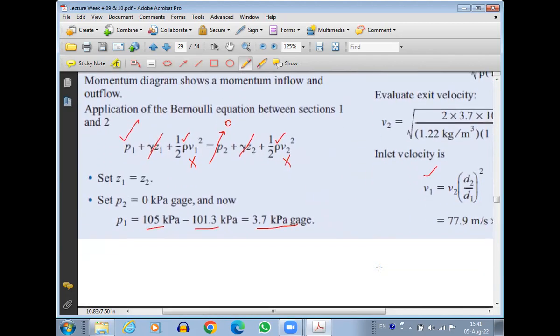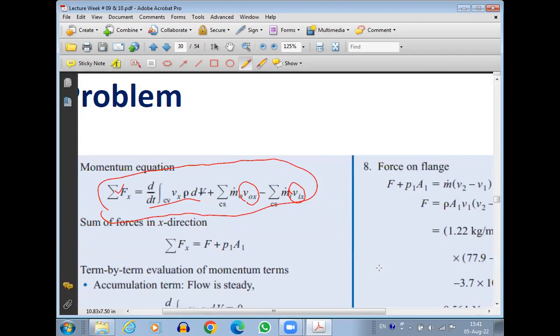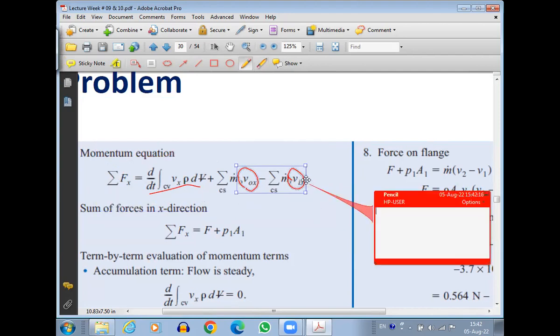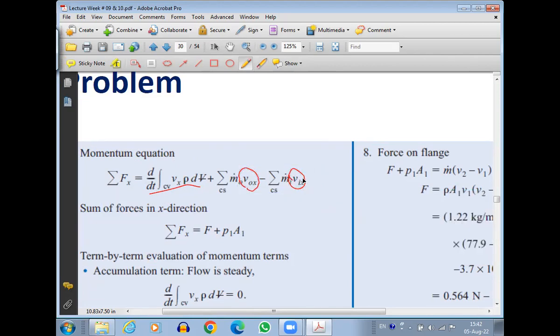So the momentum equation for the fluid flow is this. Let me just erase this. This is the momentum equation for the fluid flows.